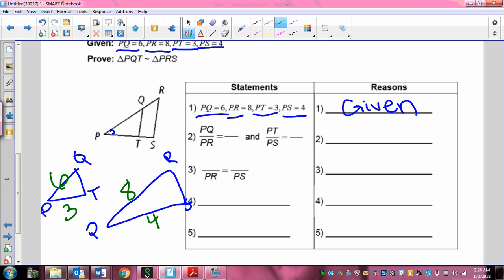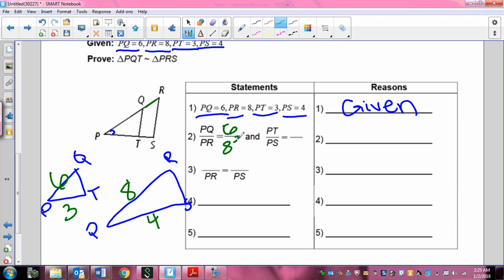It says P to Q over P to R is equal to what? Oh, I guess we're going to plug in the numbers, right? P to Q is equal to 6 over P to R is equal to 8. And we can simplify that.